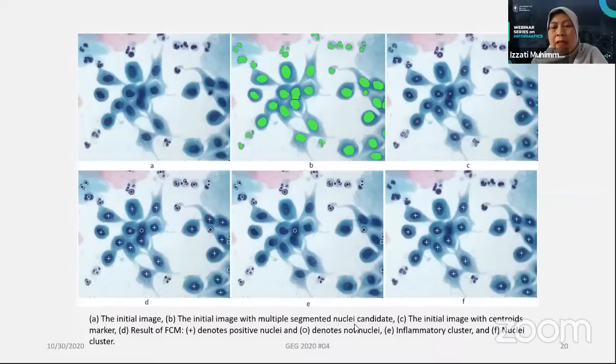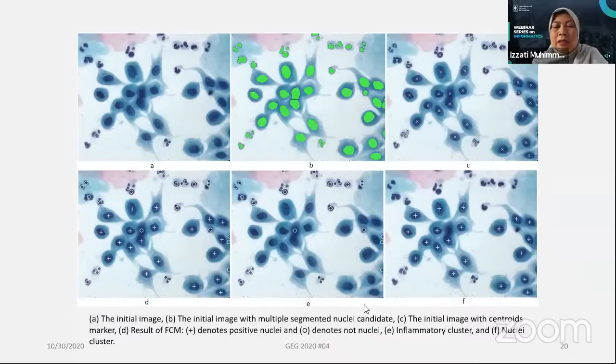Here this is not nuclei, and this is nuclei.